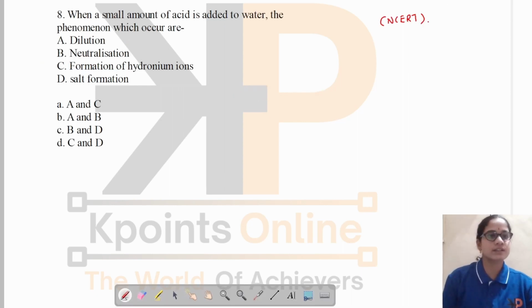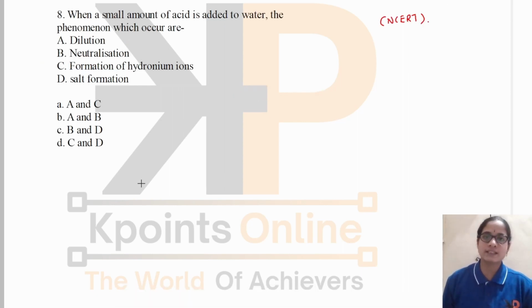So our next question is, when a small amount of acid is added to water, the phenomena which occur are dilution, neutralization, formation of hydronium ions, salt formation. We know that when acid is added to water, what happens there? There is a formation of ions. The acid will produce H plus ions, which will combine with water to form hydronium ions.